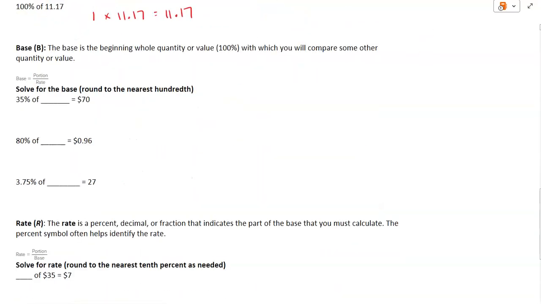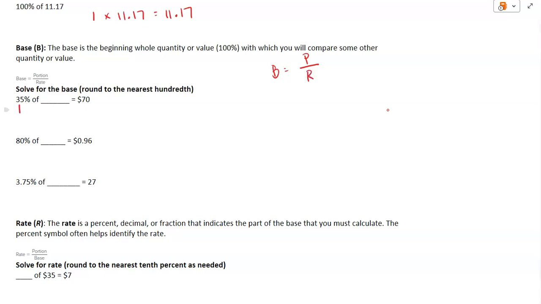In this next section, we'll try to calculate the base. Your base is your beginning or the whole unit that we're trying to take from. The formula to find your base is your portion or your percentage amount over your rate.